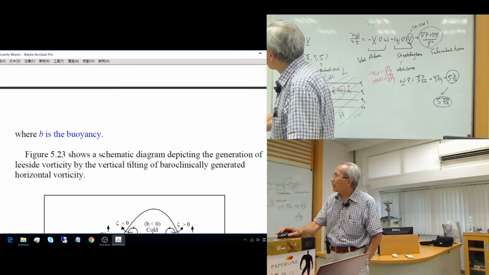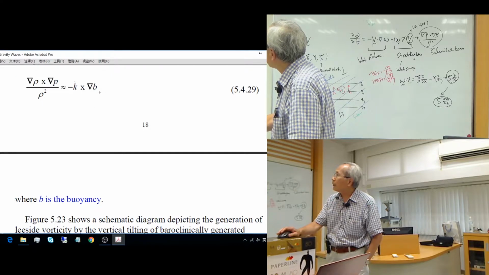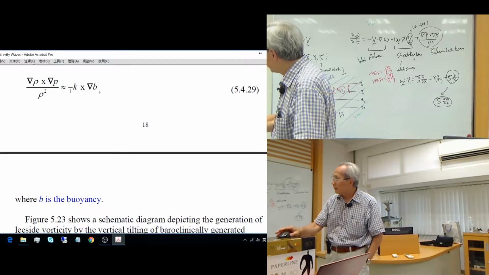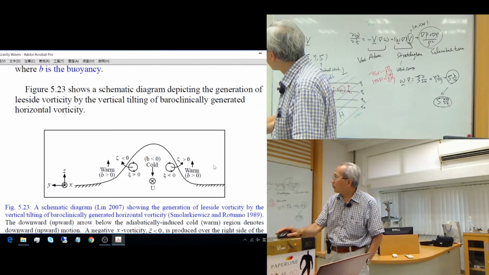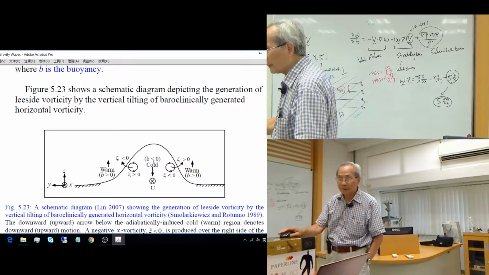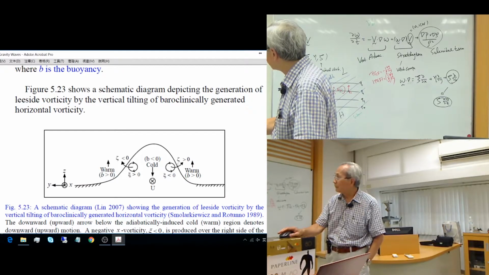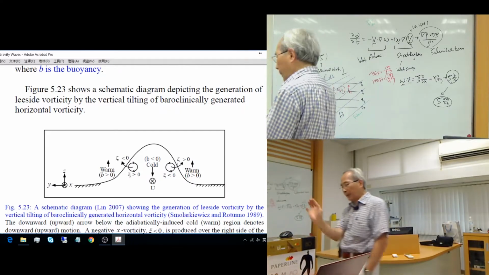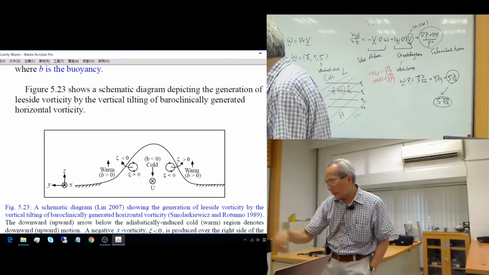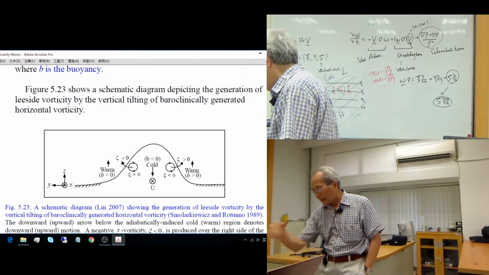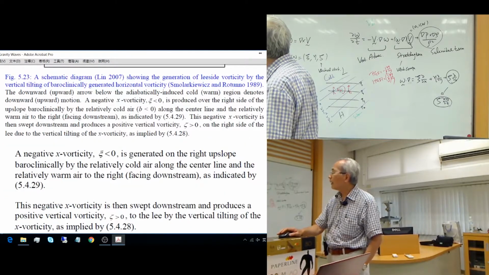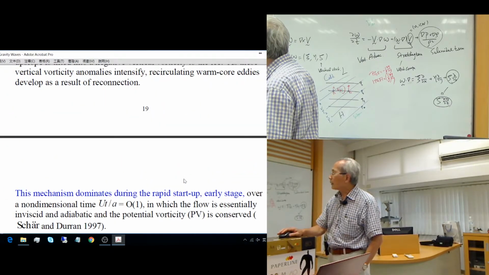Okay, you can also apply this simplified equation for the lower mountain case to explain this vorticity. This B is negative, that buoyancy is negative. So that gives you this horizontal vorticity, and this vorticity will become vertical vorticity. Okay, so that's their theory.